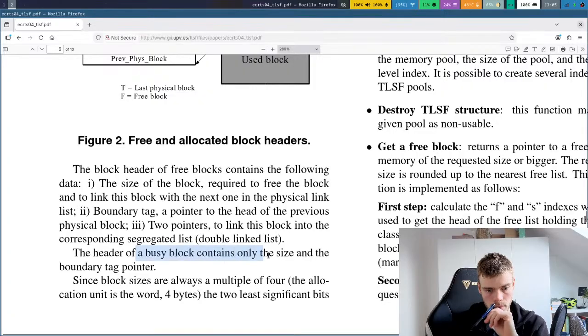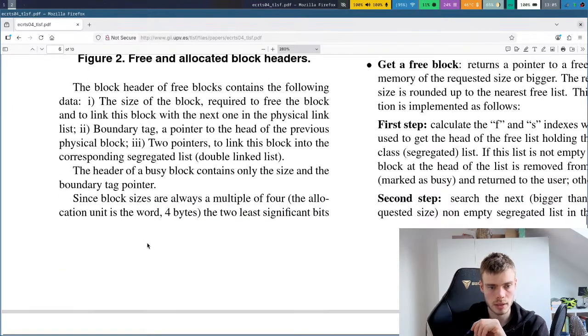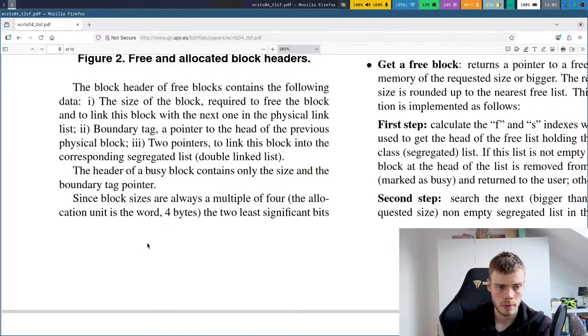The header of a busy block contains only the size and the boundary tag. Block sizes are always a multiple of 4. The allocation unit is the word, 4 bytes.